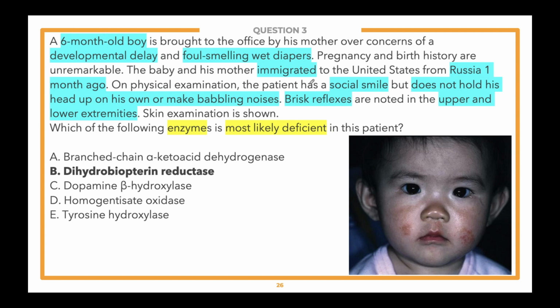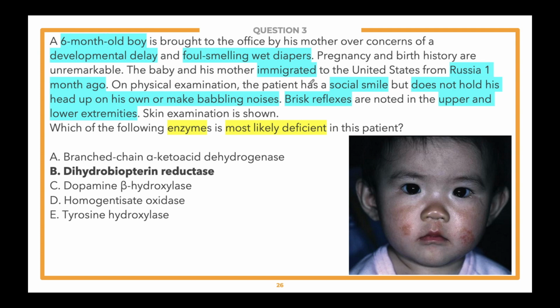And these are concerning for PKU, or phenylketonuria. The reason they gave us this immigration history is because in the US, this is usually discovered at birth when you do your routine newborn screening. So it probably would not have been missed had they been born in the US.